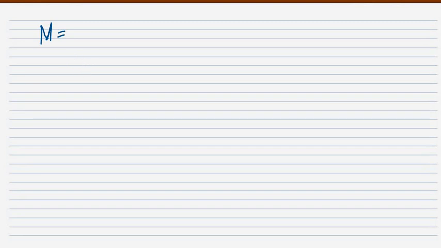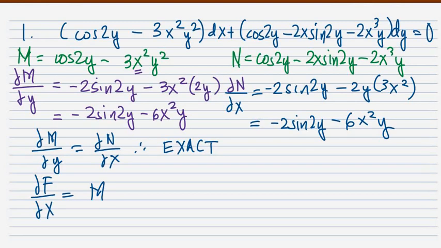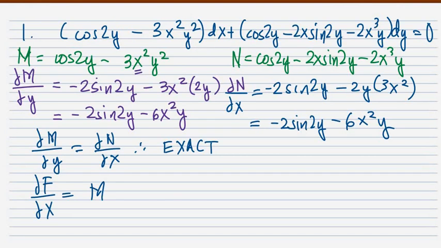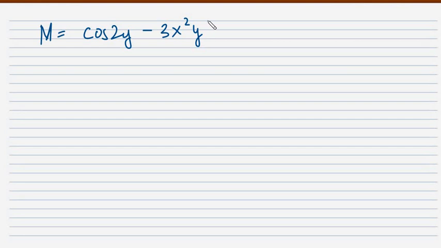M is equal to cosine 2y minus 3x squared y squared. Let me just check. So we start with that, and we say that M is equal to the partial derivative of f with respect to x.